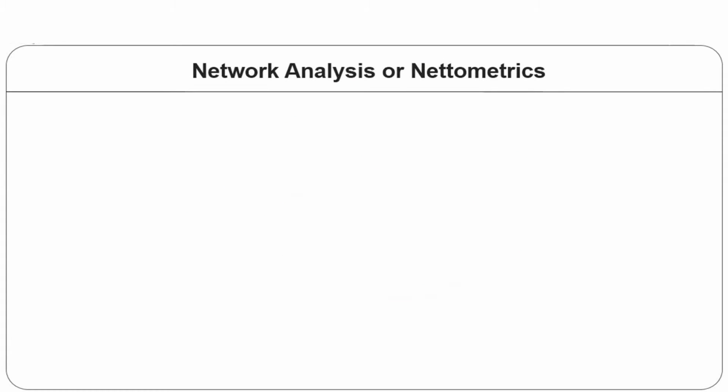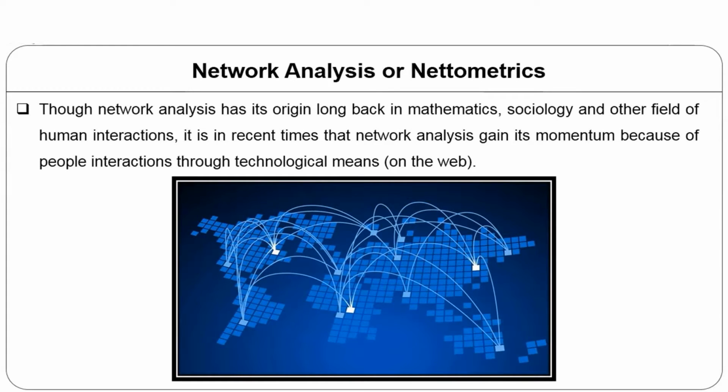Network analysis or nettometrics is another important area. Though network analysis has its origin long back in mathematics, sociology, and in other fields of human interaction, it is in recent times that network analysis has gained its momentum because of people's interaction through technological means on the web.